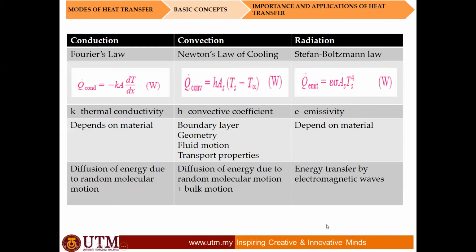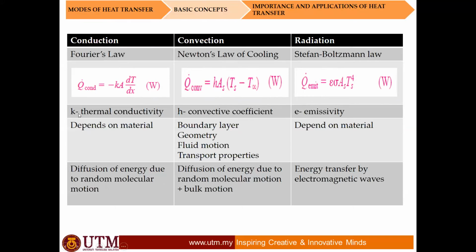This is the summary of the heat transfer mechanisms we are going to learn. Conduction is governed by Fourier's law, convection by Newton's law of cooling, and radiation by the Stefan-Boltzmann law, each mathematically represented by its own equation.